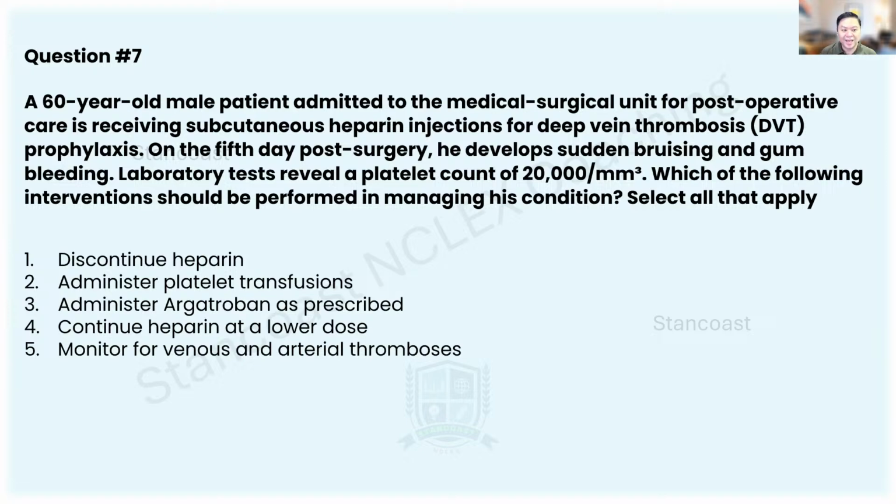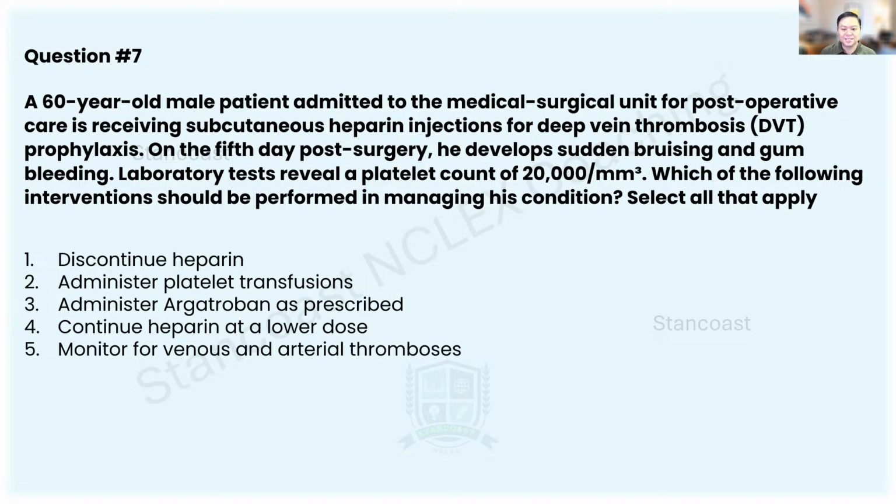Select all that apply. The situation stated, a 60-year-old male patient admitted to the medical surgical unit for post-operative care is receiving subcutaneous heparin injections for deep vein thrombosis prophylaxis. On the 5th day post-surgery, he develops sudden bruising and gum bleeding.